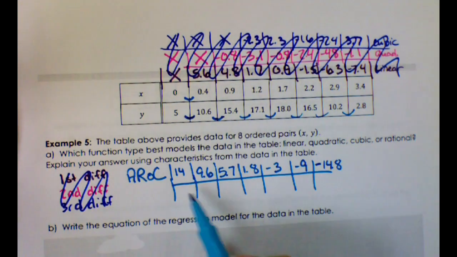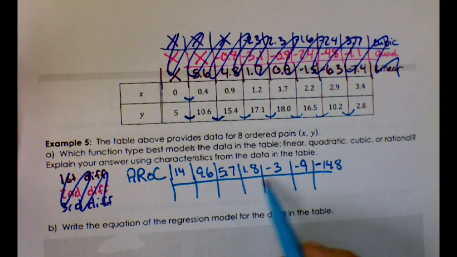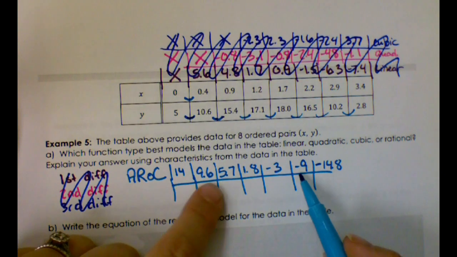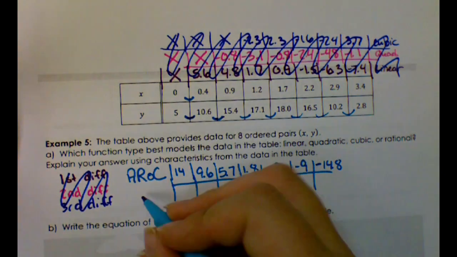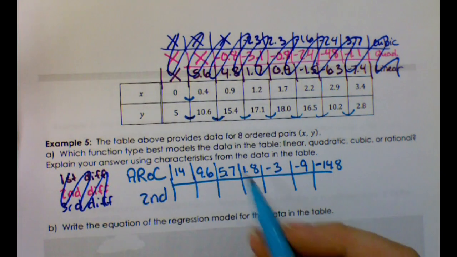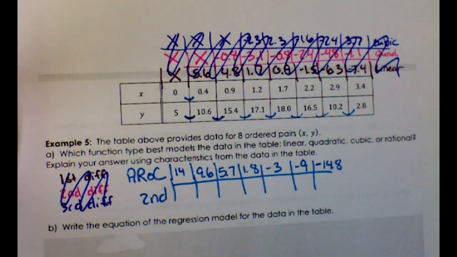Notice that my average rates of change are going down, but they're kind of pretty darn close to symmetric on either side. Let's find our second differences now. Now that they're average rates of change, we should be okay.